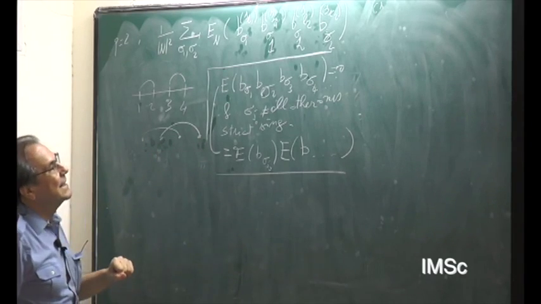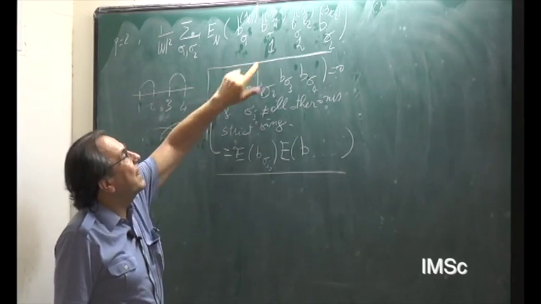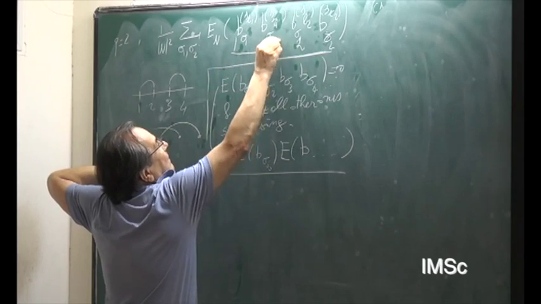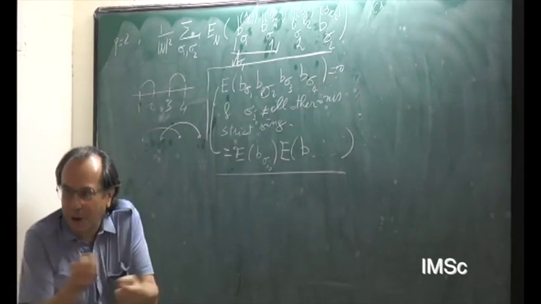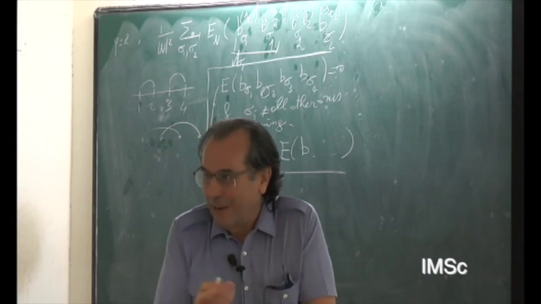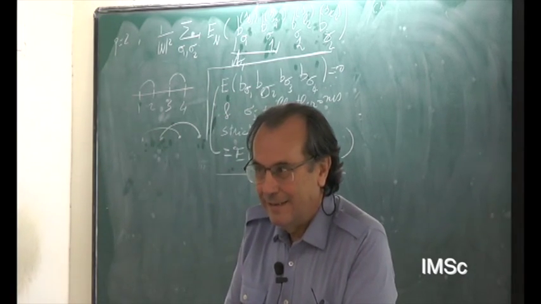Now what happens? Now you see, if I group these 2 elements, they are all in the algebra A sigma 1, because the product of 2 elements of an algebra is in the algebra.